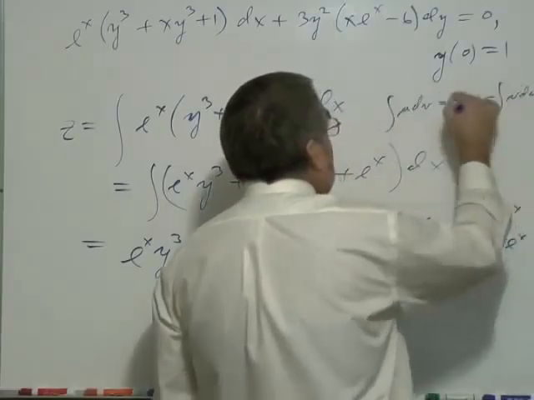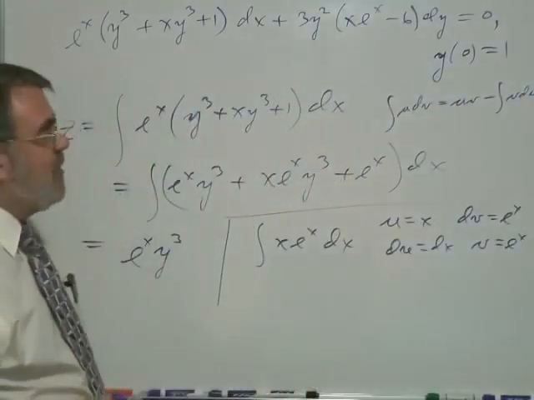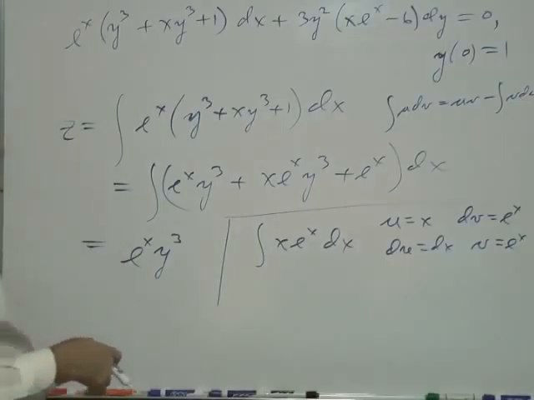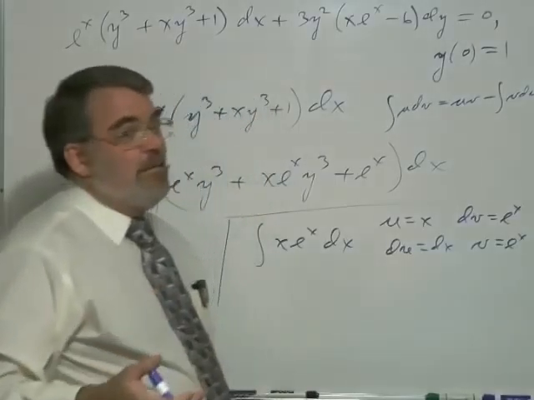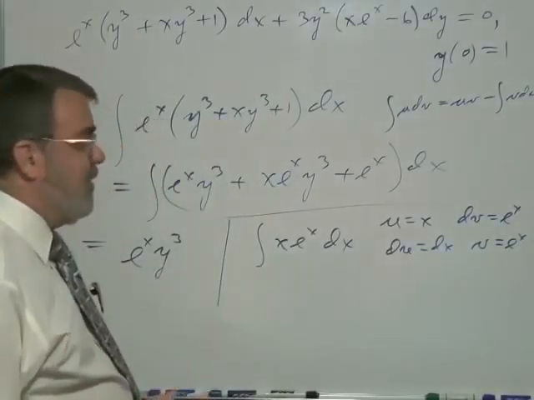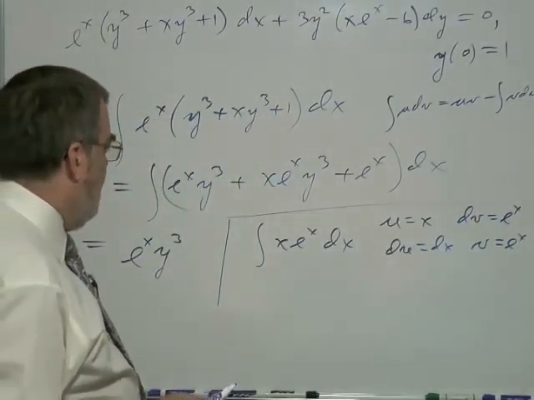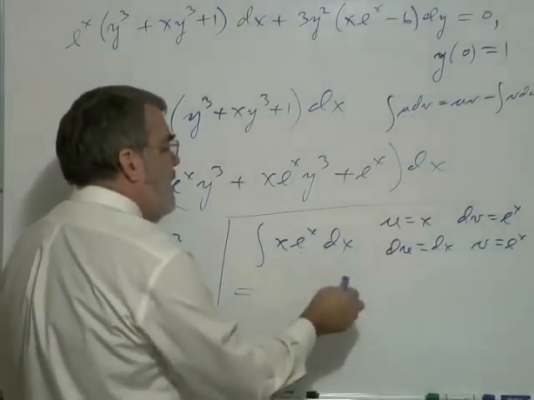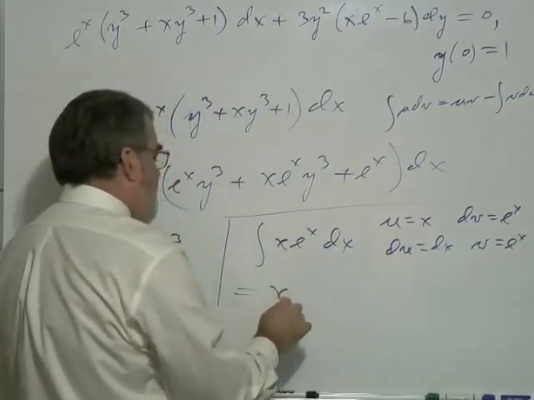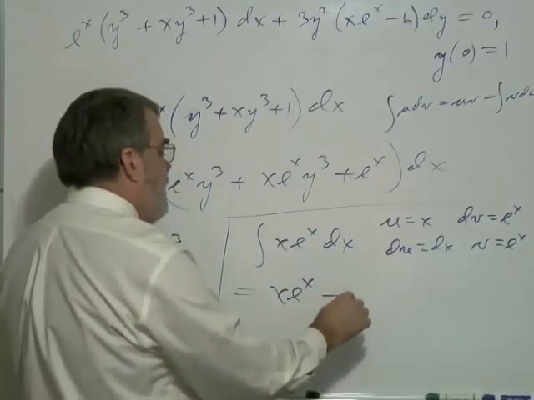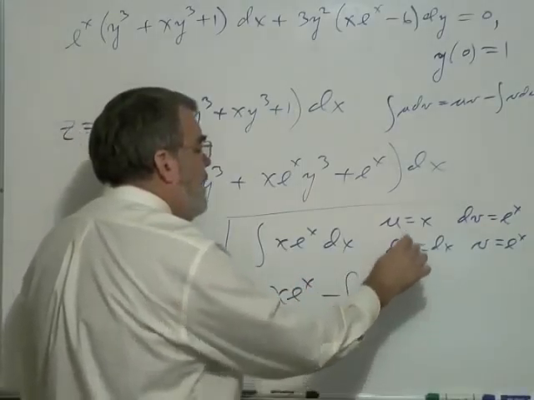I know you've seen it before somewhere; this is just a quick review. This incidentally comes from the product rule of differentiation, in case you ever wondered where that came from. So when I integrate this, I have u times v, x e to the x, minus the integral of v du.